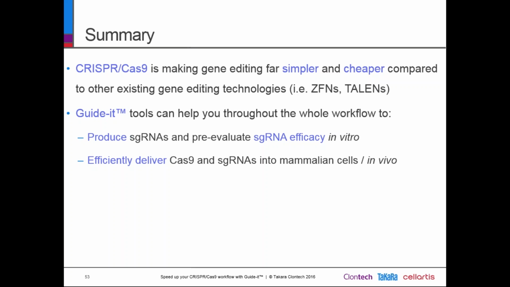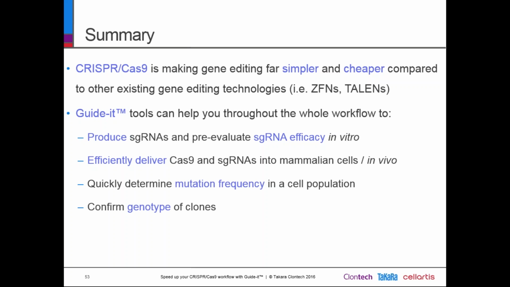Then, of course, to efficiently deliver Cas9 and guide RNAs into mammalian cells, for example, using the Gesicles, or also in vivo, for example, using AAV. To quickly determine the mutation frequency in a cell population, to confirm the genotype of your clones, and finally also to determine the exact edits in single clones and on the allelic level by sequencing.